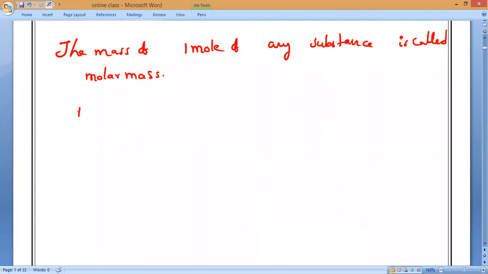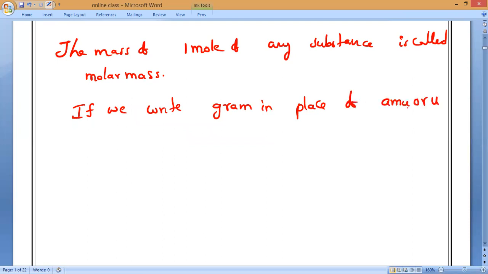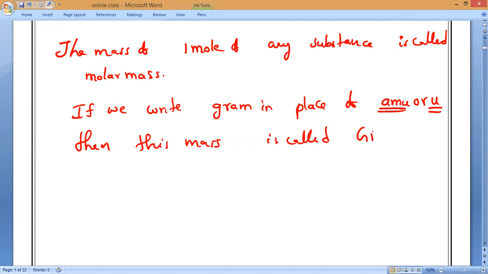So please remember, if we write gram in place of AMU or U, then this mass is called GMM.